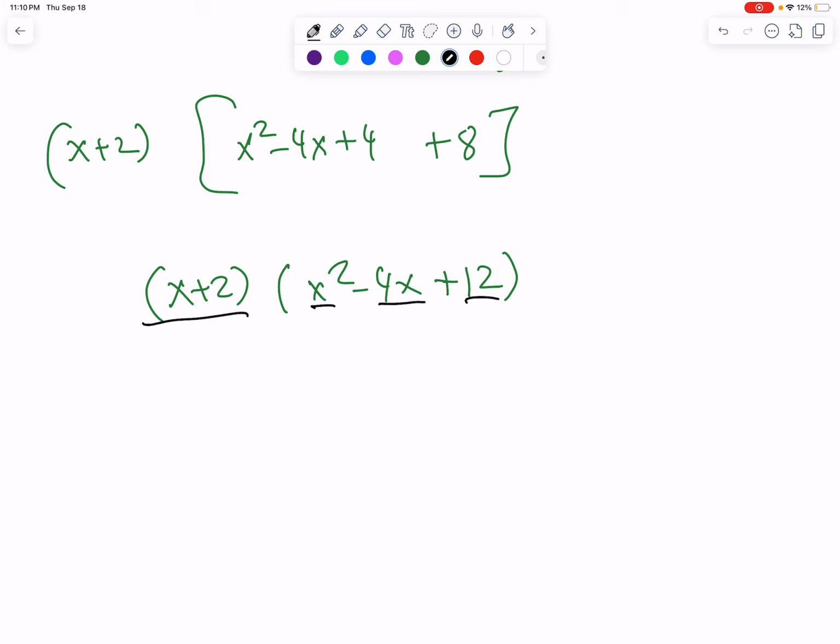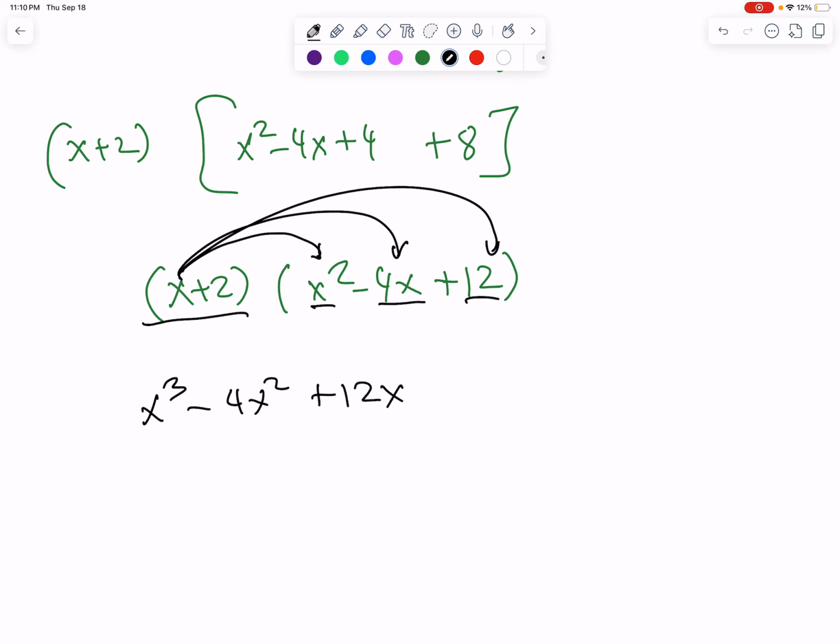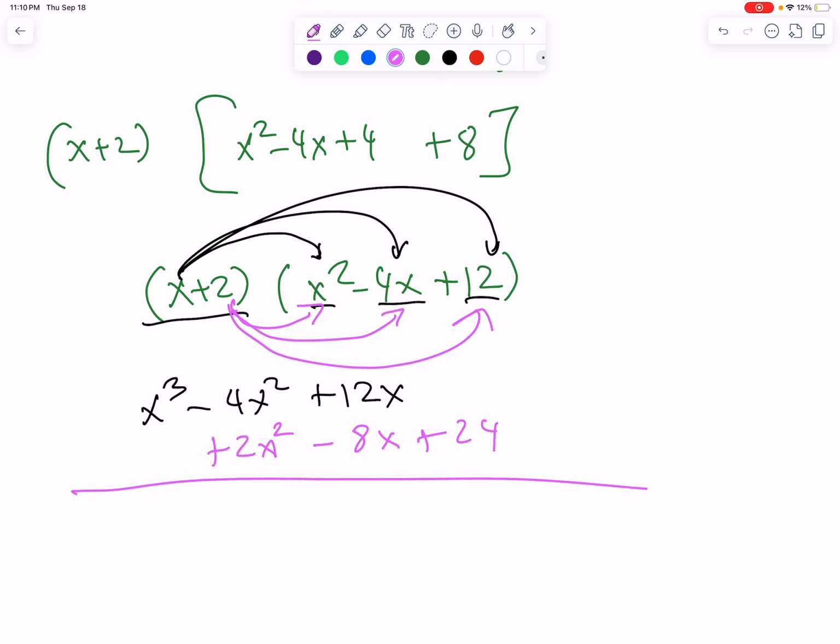I think the way you like to do it is you multiply x times x squared, get x cubed, x times minus 4x, get minus 4x squared, x times 12, I get 12x. And then we do the same thing with 2. One thing I would recommend if you're going to do it this way is line it up. There's 2x squared, minus 8x, plus 24, so that when you combine this, it's a little bit more organized.